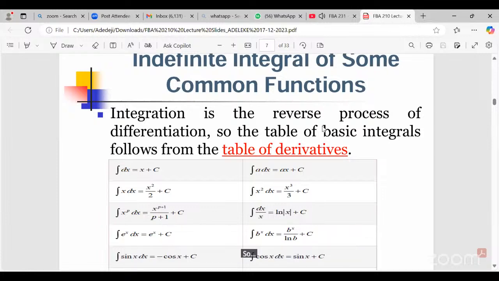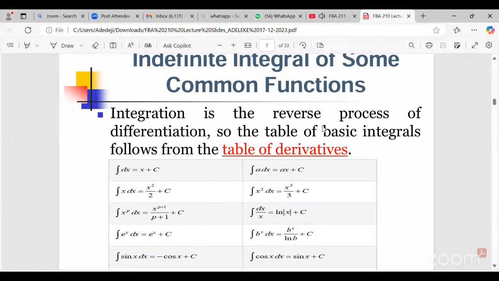So integration, this is not the first time we are being introduced to the concept of integration.